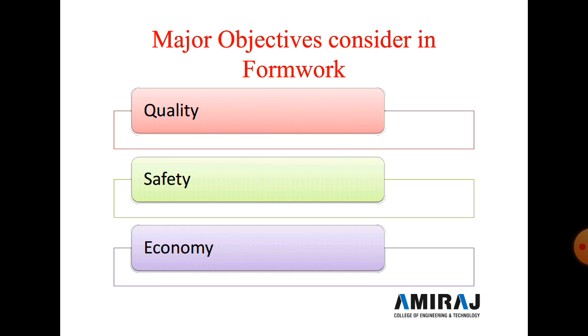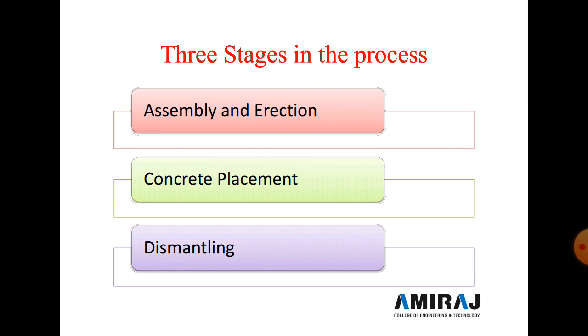Next is economy. Formwork must be built efficiently to minimize time and cost, so it is economic for construction work. Now next are the three stages in the process of formwork. First is assembly and erection.